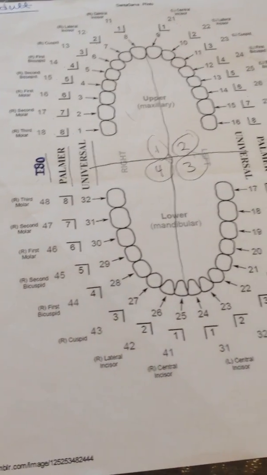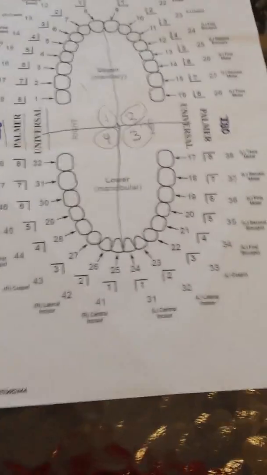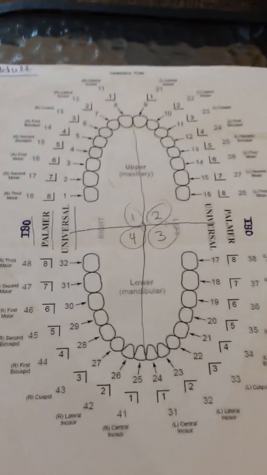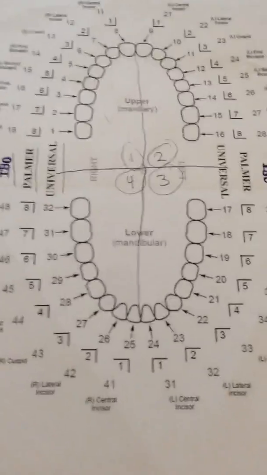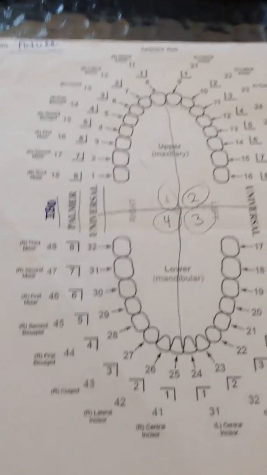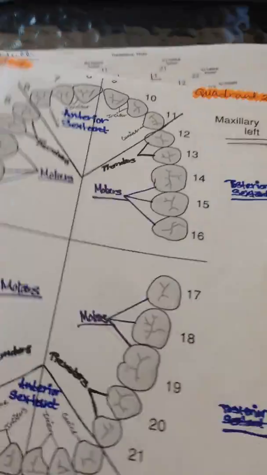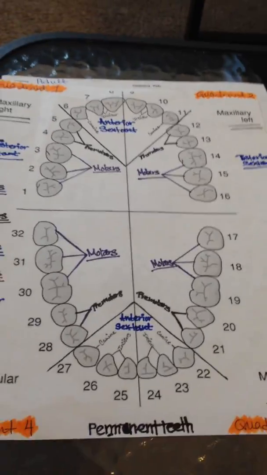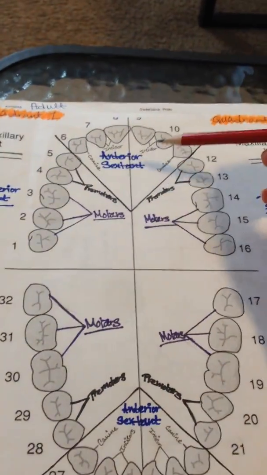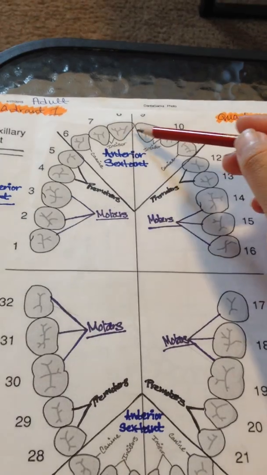And then we're going to talk about how the teeth are divided in certain ways. There you have the teeth divided into anterior.